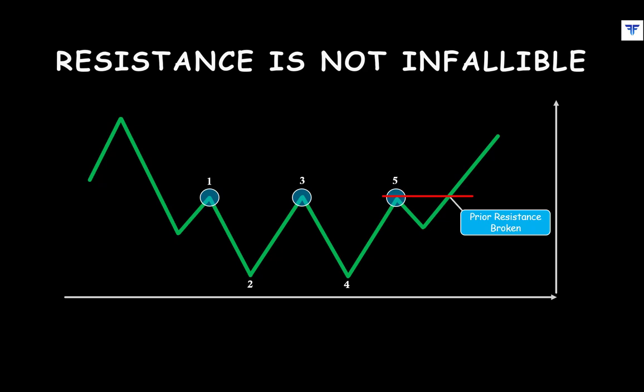Sensing this, they may try to exit from their short positions. Each of these situations could cause the price to continue heading higher. Hence, when a resistance level is broken, it is not uncommon to see price rising further until the next level of resistance is reached. In the case of this chart here, the next resistance is the one that appears on the far left of the chart.